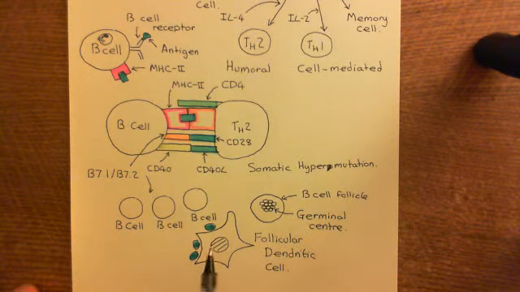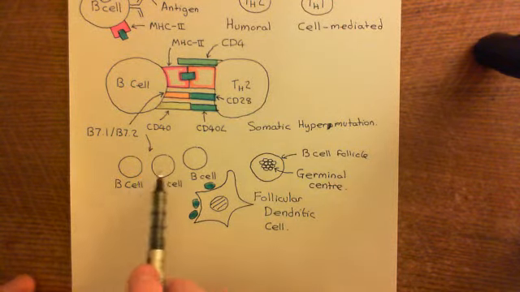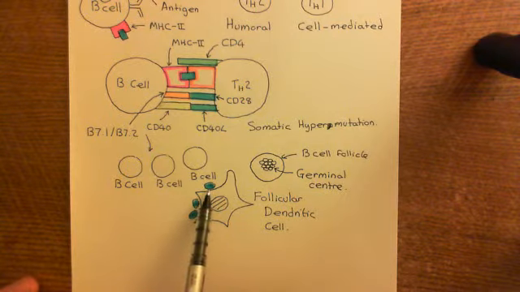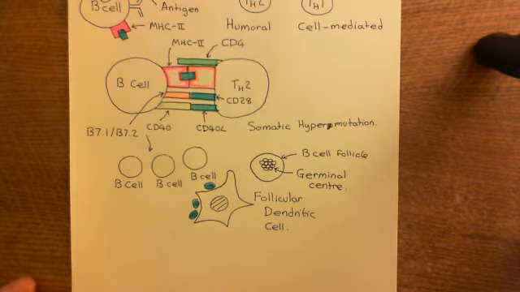So we're going to start a process of natural selection here. They all have separate B cell receptors on their surface which bind to this antigen, but there is a limited amount of antigen. So which of them are going to get the antigen?